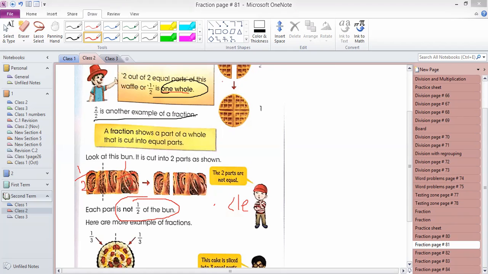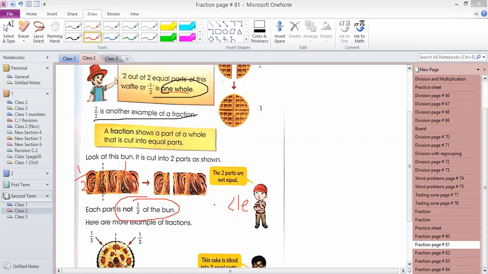Another thing you learned is that for a fraction, a shape, a picture, anything you are dividing, a cake, a pizza, a bun, a biscuit, a chocolate, should be divided equally. If it is divided equally, then you can write the fraction. If it is not divided equally, then you will not be able to write its fraction.